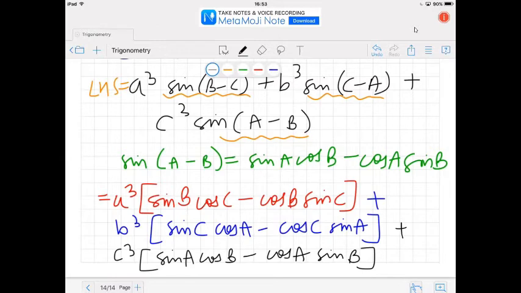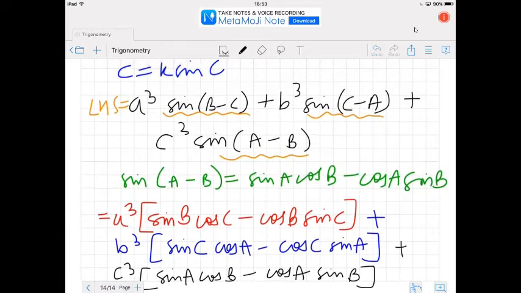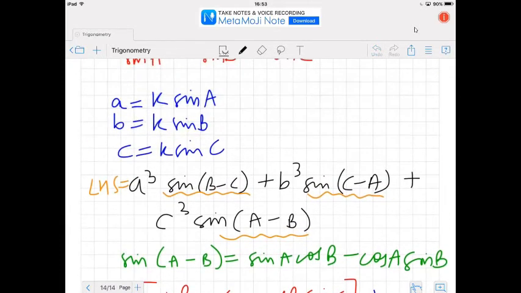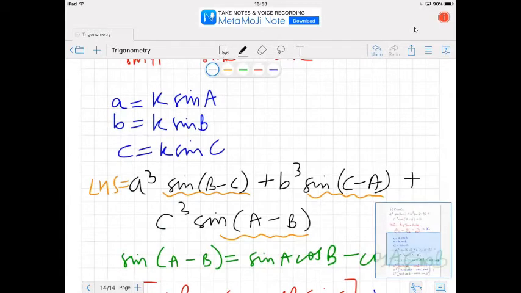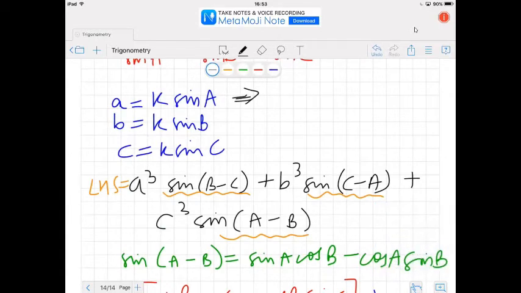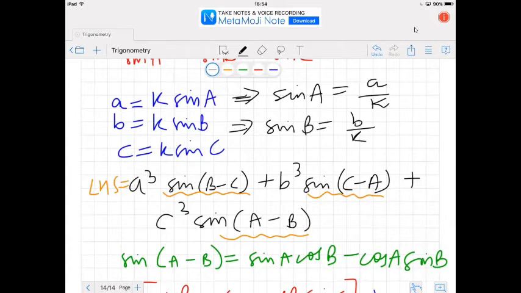Now what I'm going to do is I'm going to substitute sin c. So if you look at these equations, I can write sin a is equal to small a upon k from these equations. I can write sin b as small b divided by k, and similarly I can write sin c as small c upon k. ठीक है.